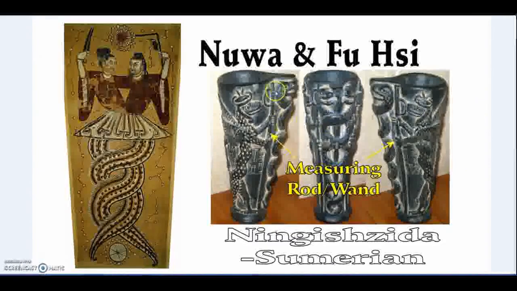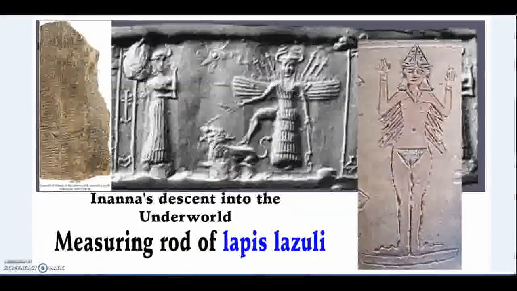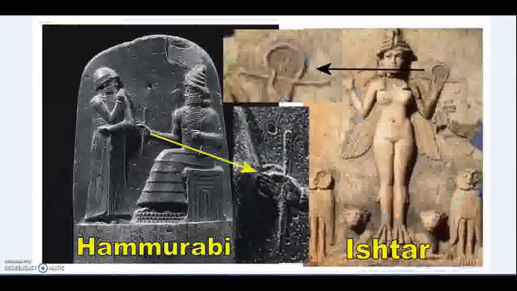Again, the twin snakes, the measuring rod, a very important feature of these civilizations. One of the defining points of a civilization is language, but also standard units of weights and measure. Even Sumerian, Inanna's descent into the underworld, the first thing she had to let go of was the measuring rod of lapis lazuli.